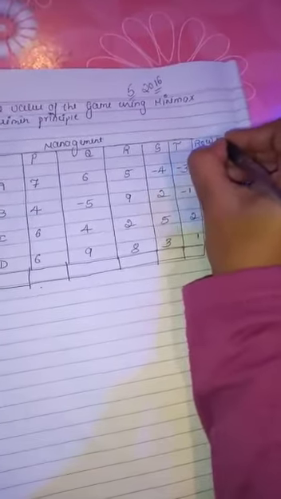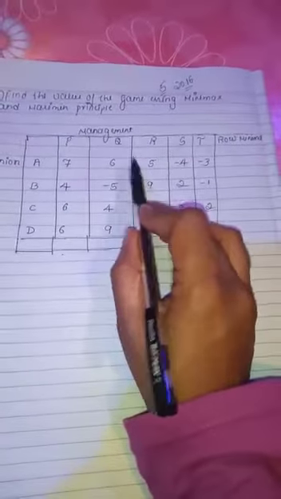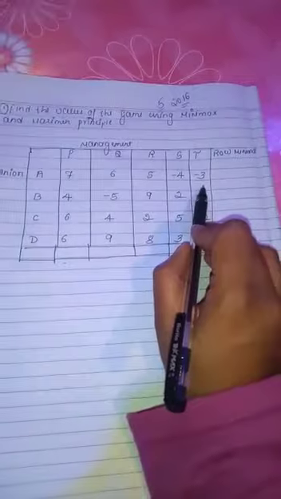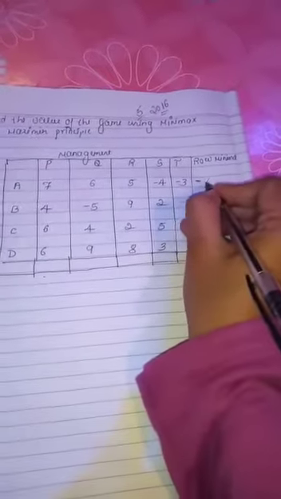So first we have to calculate row minima. Row minima means in each row you have to select the least value. In the first row, the least value is -4.